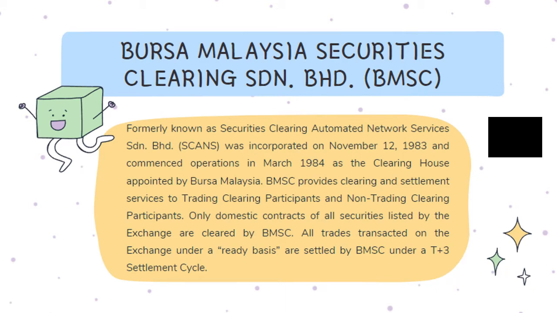After KLSE changed its name to Bursa Malaysia due to the demutualization, Bursa Malaysia set up its own subsidiaries, and one of them is BMSC that focuses on clearing and settlement activities. BMSC was incorporated on November 12, 1983 and commenced operations in March 1984 as the clearing house appointed by Bursa Malaysia.